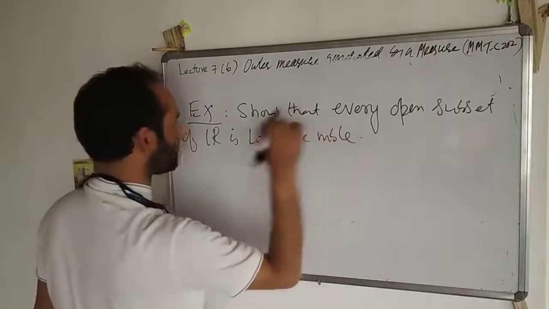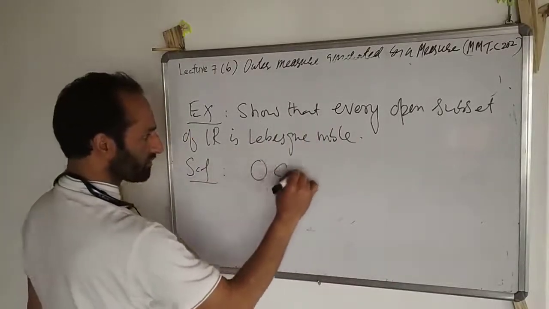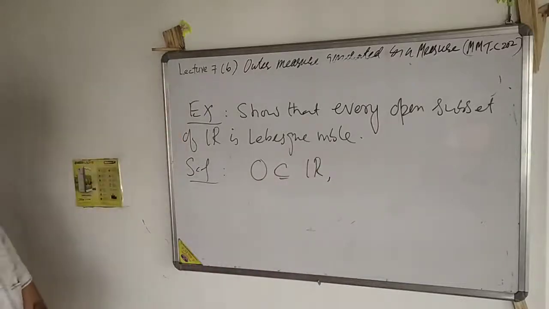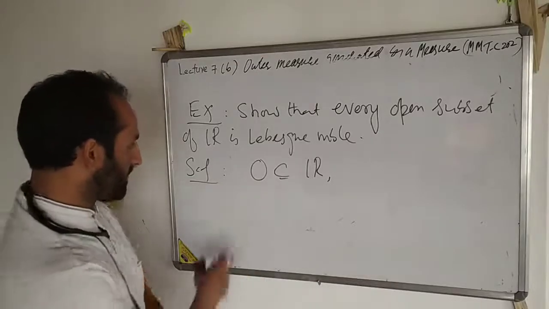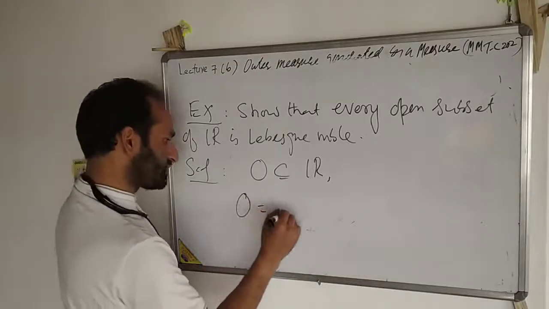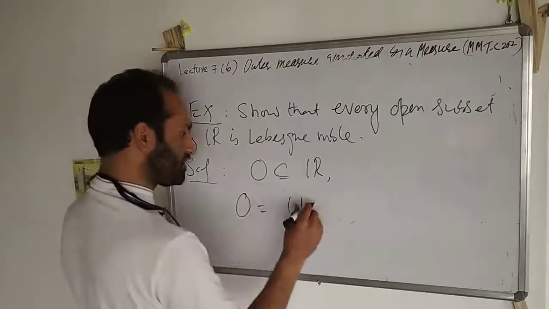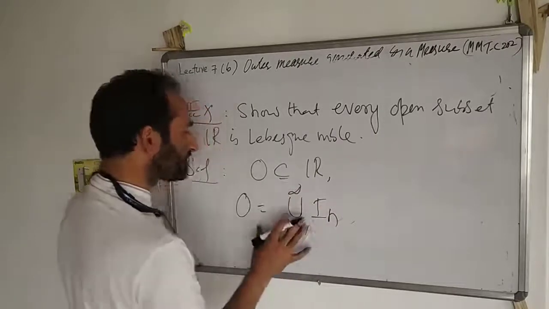Solution. If O is any open subset of R, you have already done in the previous course in topology that every open set can be written as a disjoint union of open intervals. So you have to prove this first.